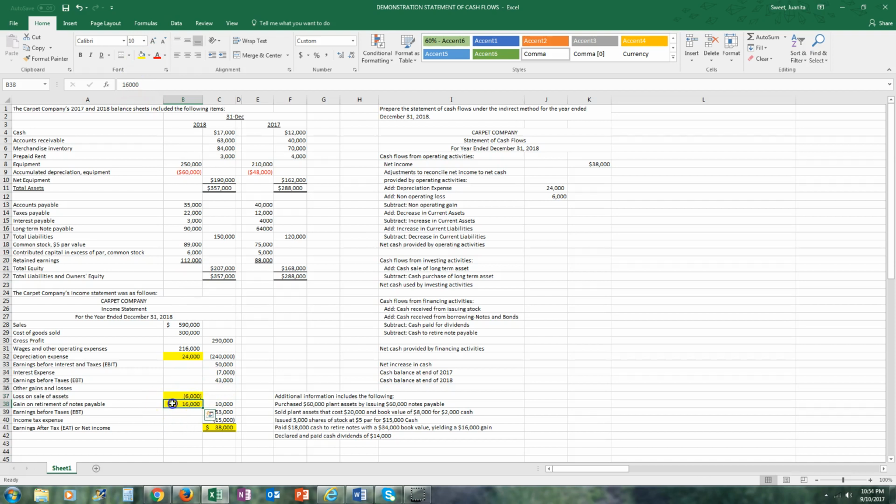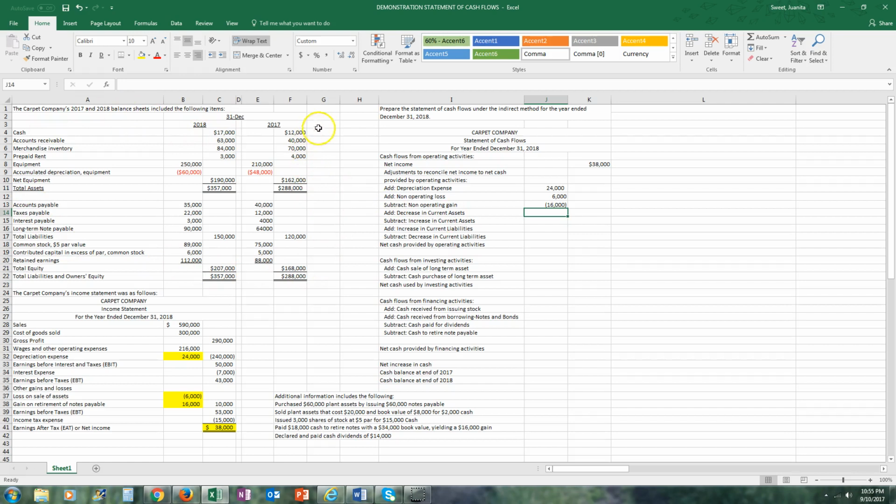We have a gain on the retirement of notes. To back it out, we will subtract the non-operating gain. We're still going to recognize them, but they're going to be an investing activity or financing activity, and we don't want to count them twice. We're done with the income statement. These are the only items that we would pull off that.